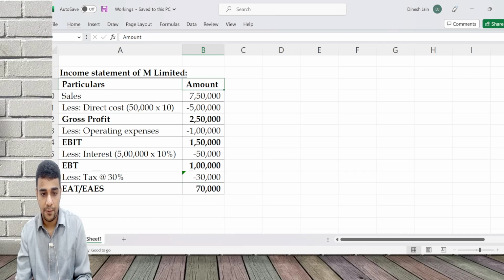Okay, I hope you have done it. In case you're yet to do it, you can pause the video at times and note it down, if you feel you have not noted down something.